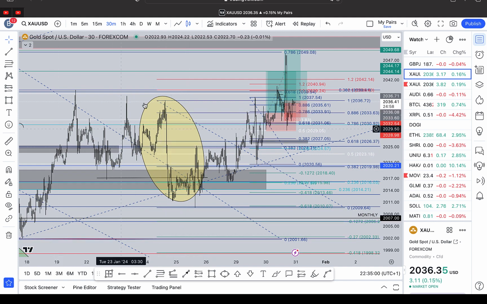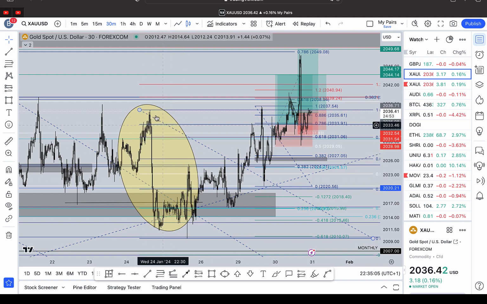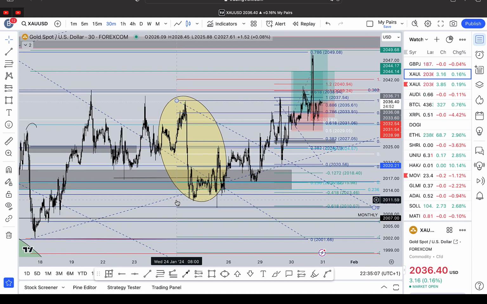Even though this time frame is bullish, this particular area is bearish. I know it's a bit confusing, but think of it this way: the M30 is bearish, so we're looking for more bearish trades.